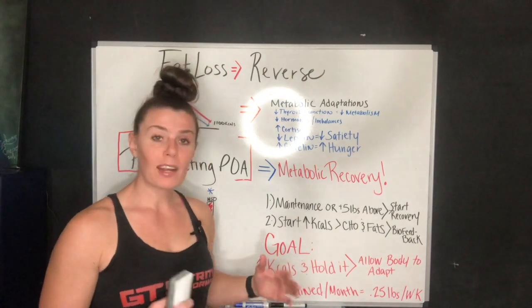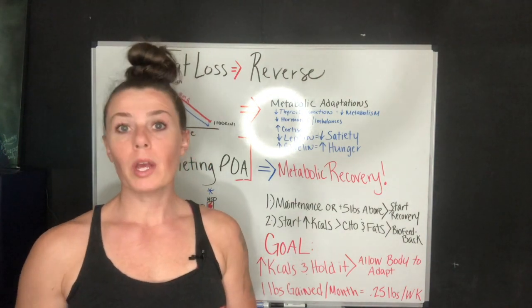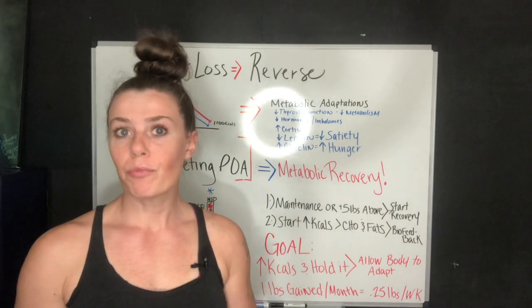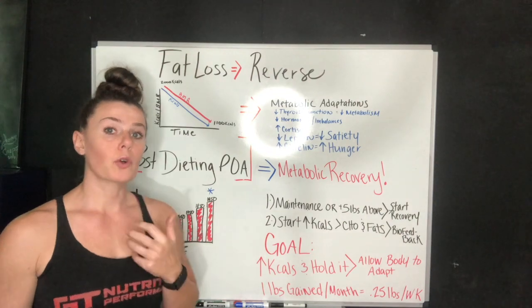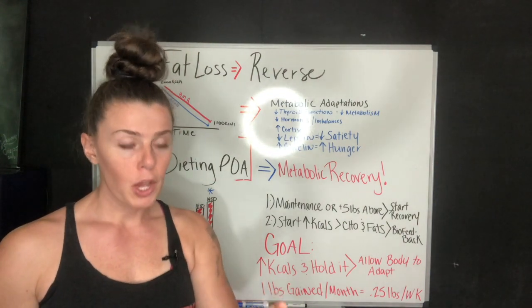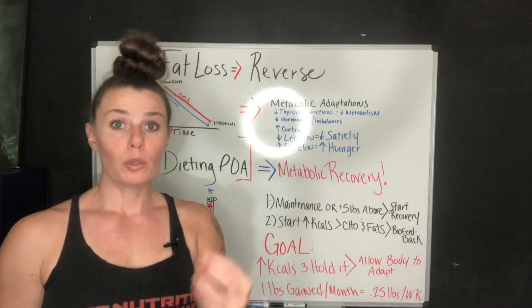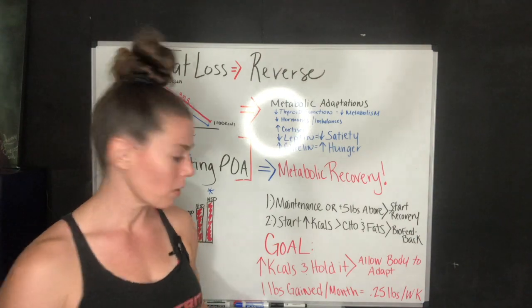And there is a really high chance, if your training is on point, that you could be putting on muscle mass as well during this time, because your calories are going to be going up. So you're going to have the fuel to push harder within the gym, to increase strength, and to also put on muscle mass. And that should always be the goal.